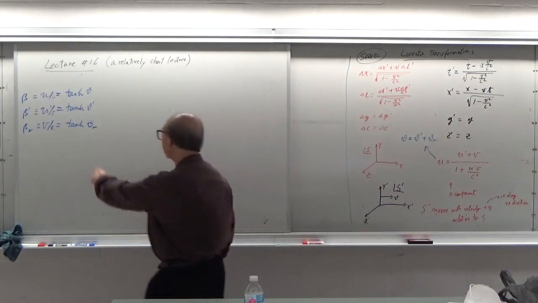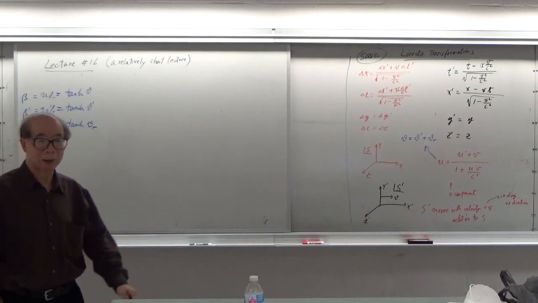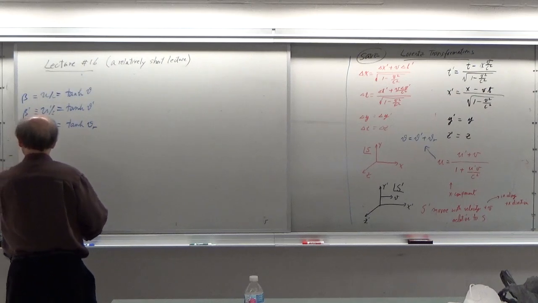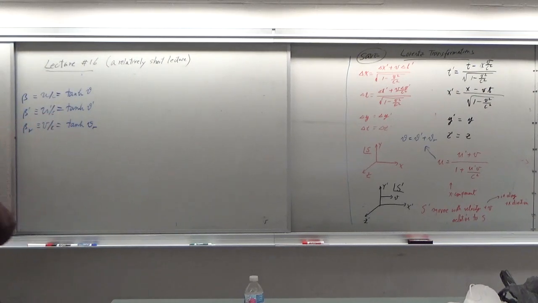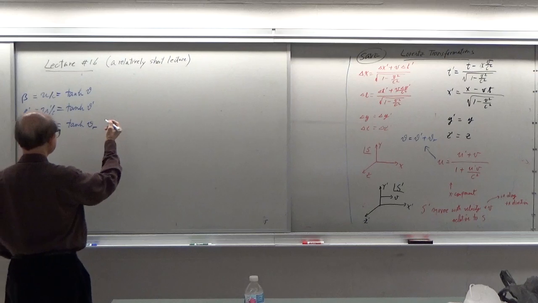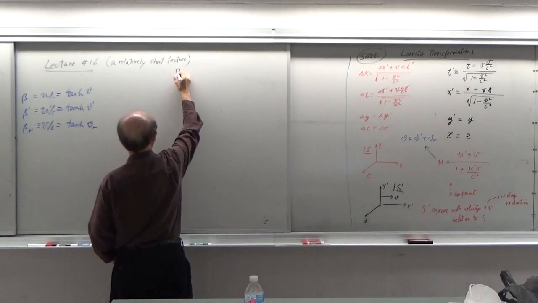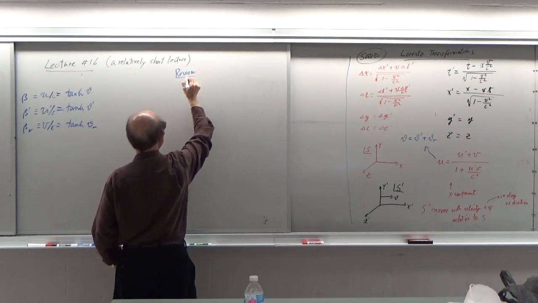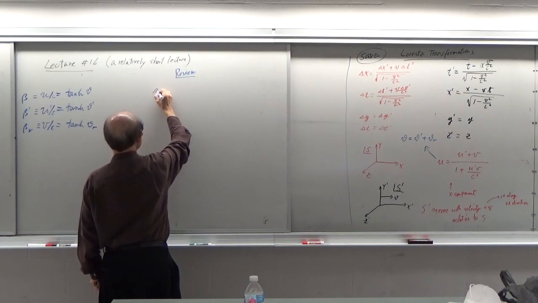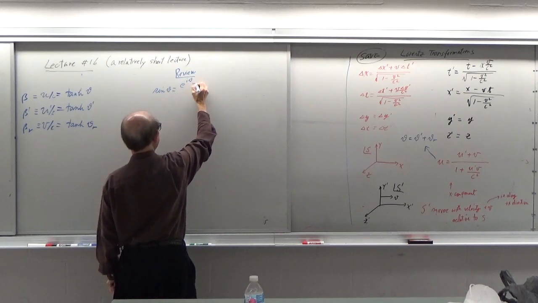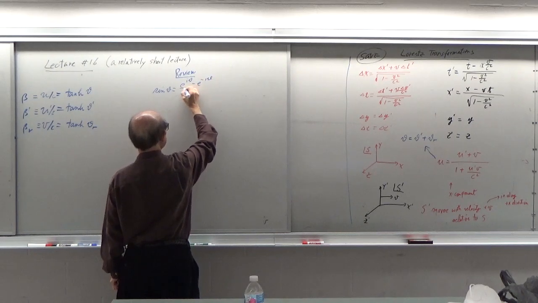All right. Now that I've introduced the hyperbolic functions, let me remind you what they are. Let me remind you that sine of theta can be written as e to the i theta minus e to the minus i theta divided by 2i.